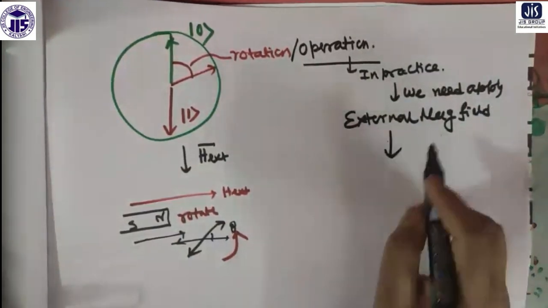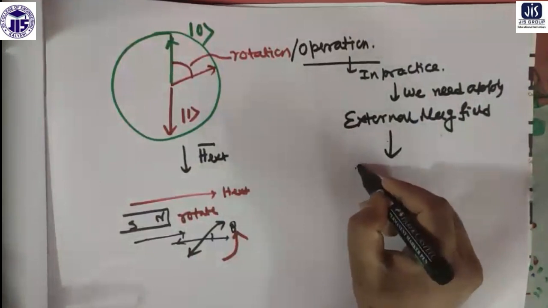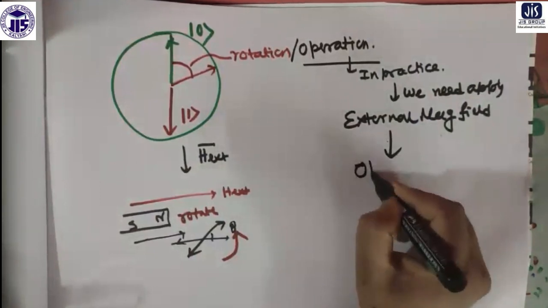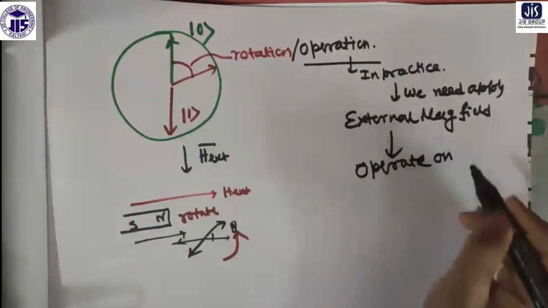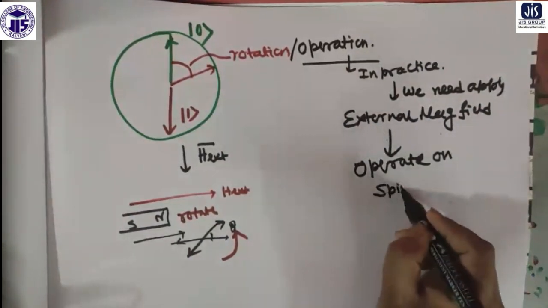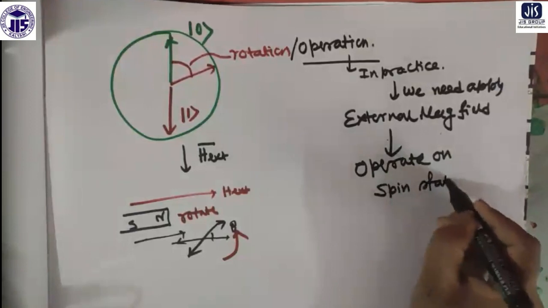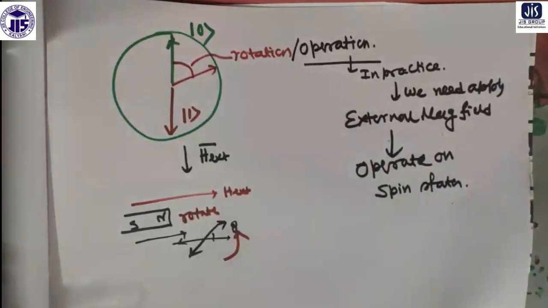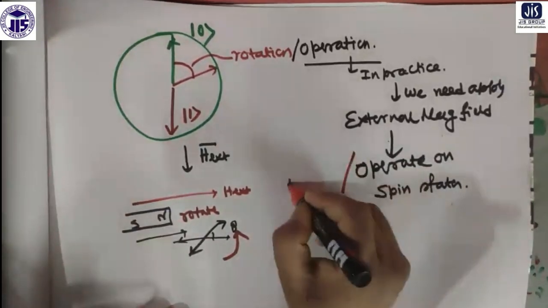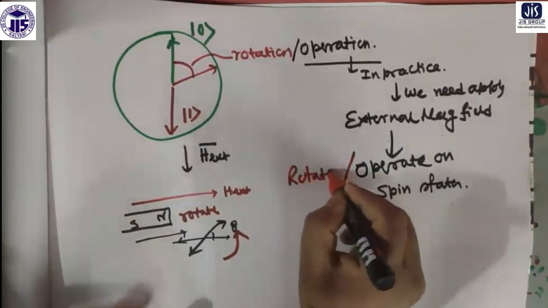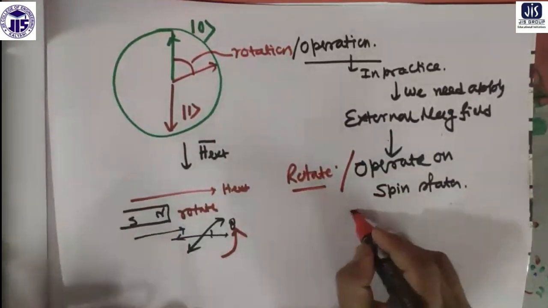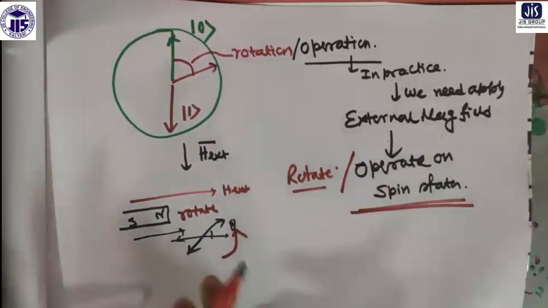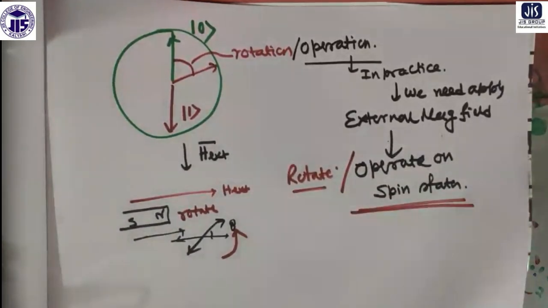That magnetic field will interact with and operate on the spin states of the electron, or rotate the spin state of the electron. So this is the practical one. We need to apply a magnetic field which will rotate the spin of the electron.